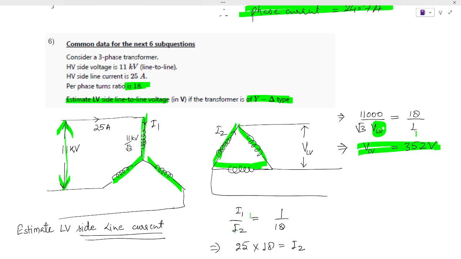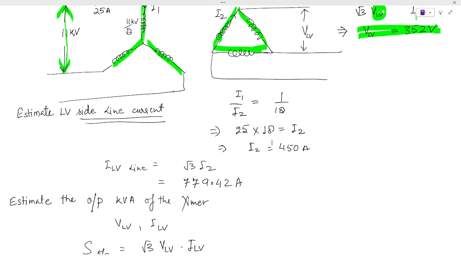So I1 by I2 will be inversely related, that is 1 by 18. Now I2, the phase winding current, is 440 ampere from the turns ratio. Now if we want the line current of this delta winding, we need to multiply by a factor of root 3, that will be root 3 times 450 amp, that is 779.42 amps.